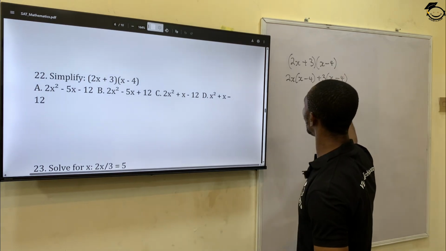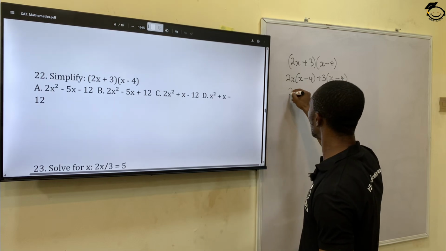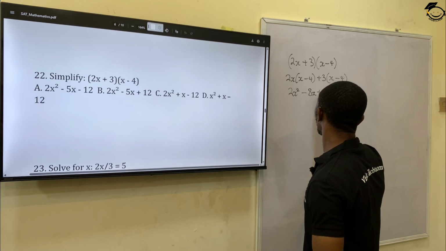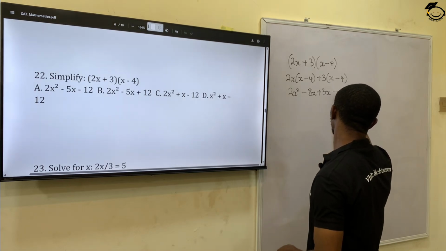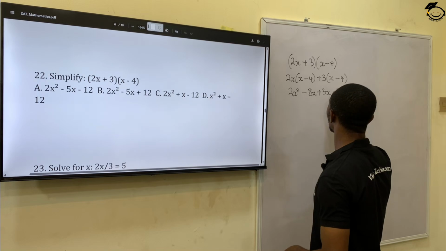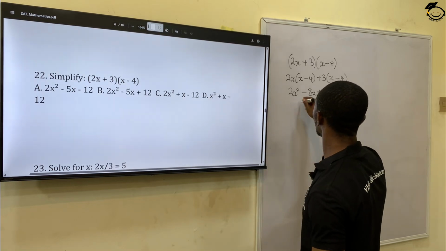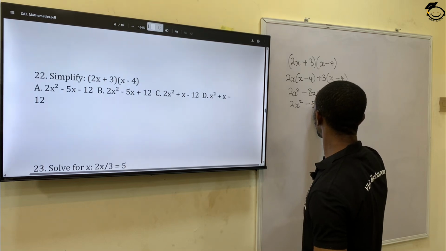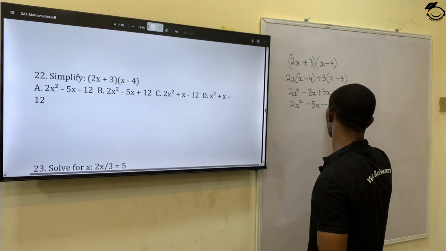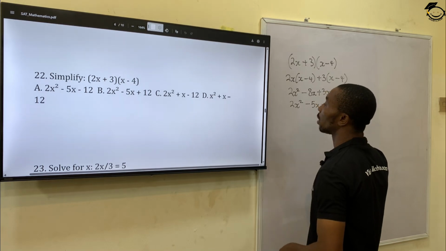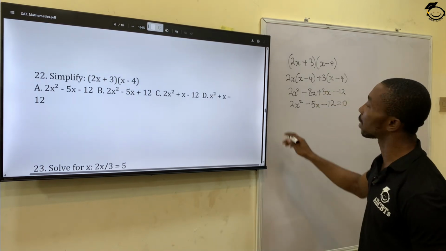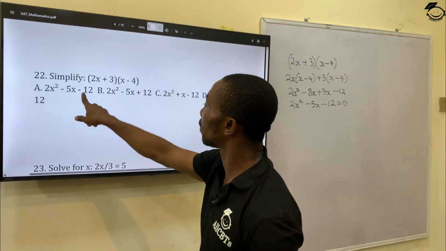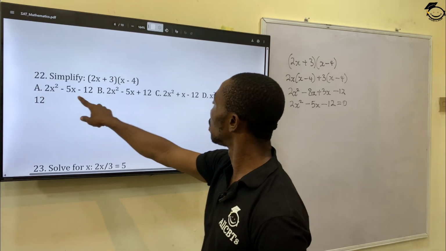Now, expanding each of the brackets, this will be 2x squared minus 8x plus 3x minus 4 times 3, which is 12. So this gives 2x squared minus 5x minus 12. So our answer will become 2x squared minus 5x minus 12, which is option A.